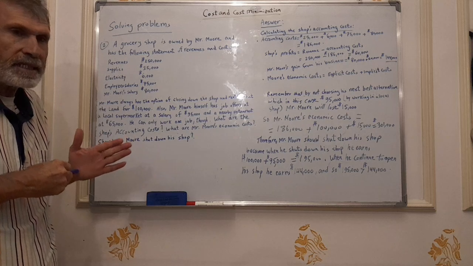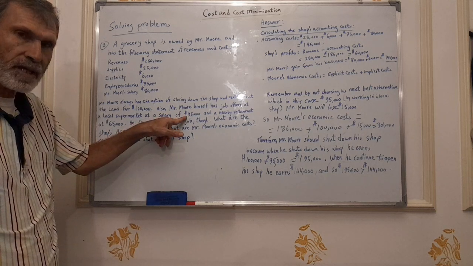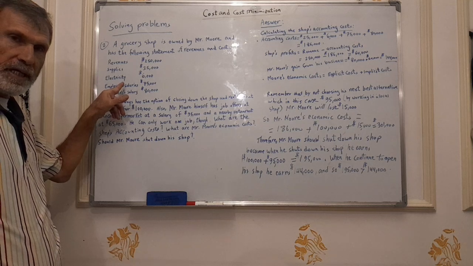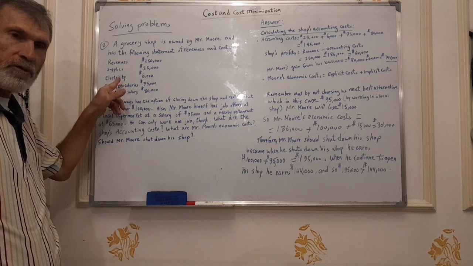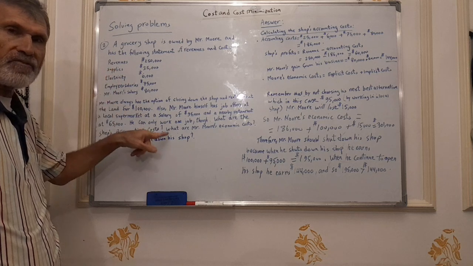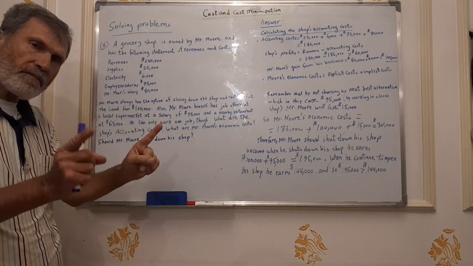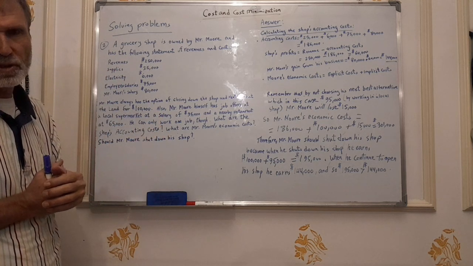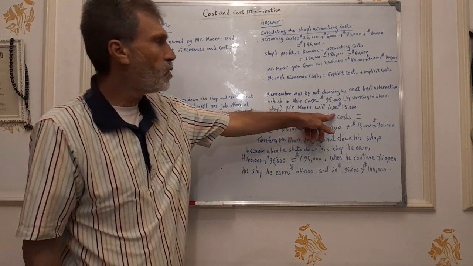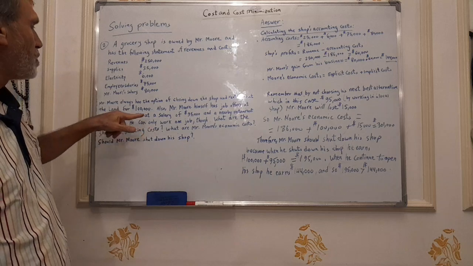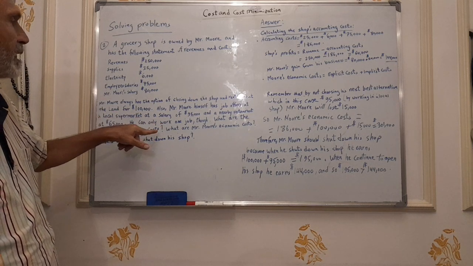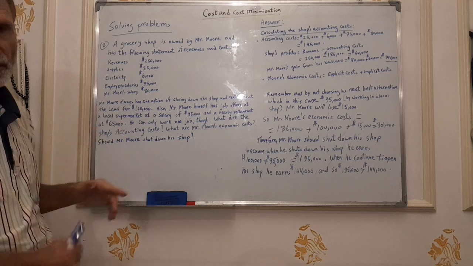Because his best next alternative is $95,000, however, he is making $80,000. Okay? So if he continues to work, he will make $80,000, and his best next alternative is $95,000. So the difference between them is how much he will lose, which is $15,000. This is how much Mr. Moore will lose by not choosing his best next alternative, which is working in a local supermarket.